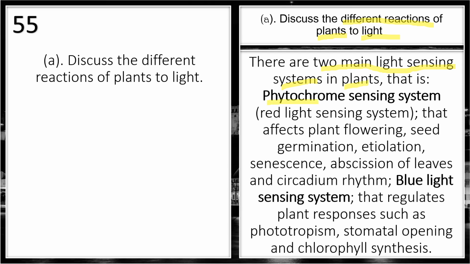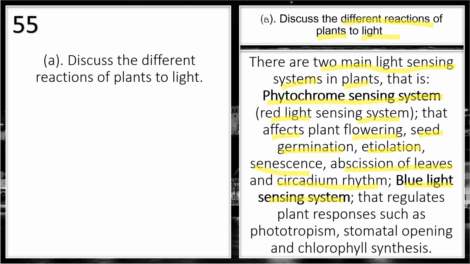That is the phytochrome sensing system, the red light sensing system, that affects plant flowering, seed germination, etiolation, senescence, abscission of leaves, and circadian rhythm. Then the blue light sensing system.